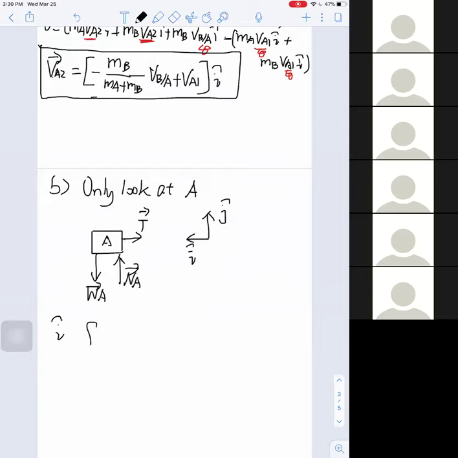Apply the linear impulse momentum equation: sum of the forces dt equals m times v2 minus v1. In this case, the sum of the forces in the I direction would be just T, right? We only have T. And here m is mA, times VA2 minus VA1.